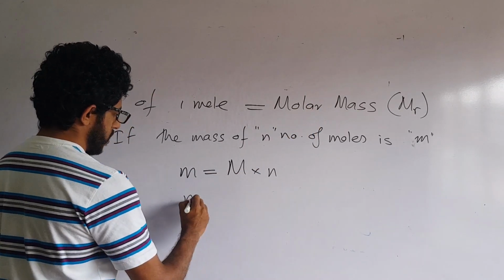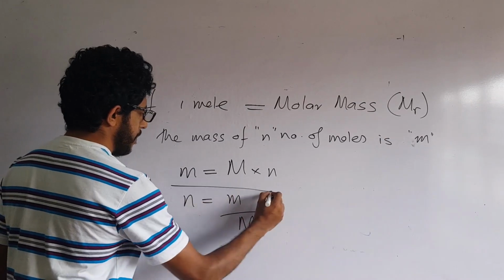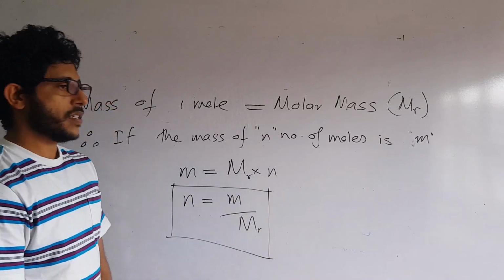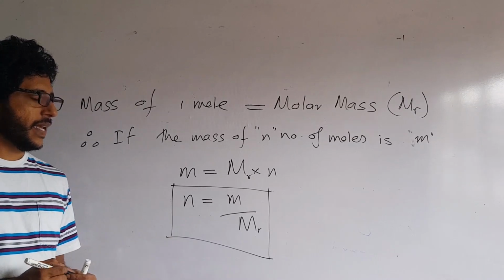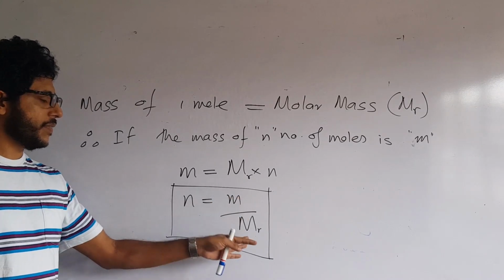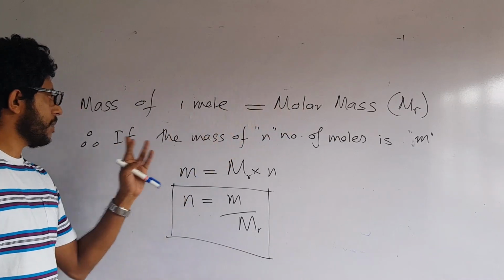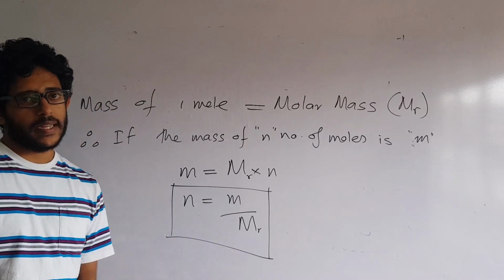So we derive the first formula: n equals simple m over capital M, or capital Mr. So that's the first formula we derived. The number of moles is equal to the mass divided by its molar mass, because 1 mole is equal to the molar mass.